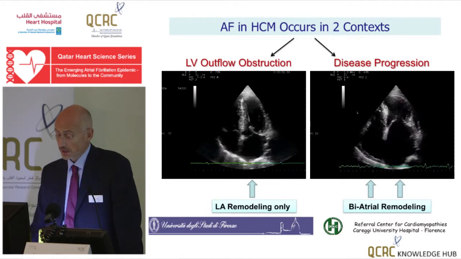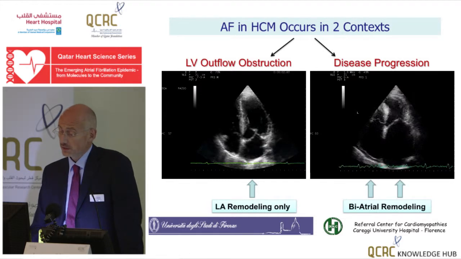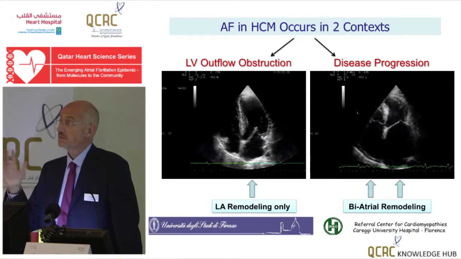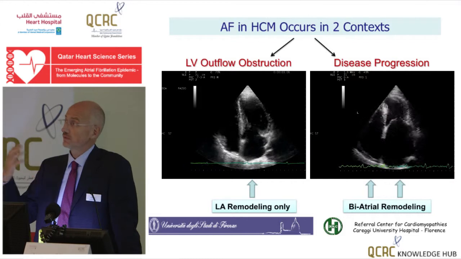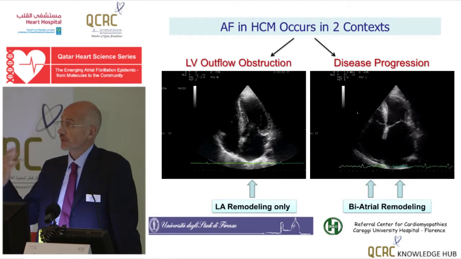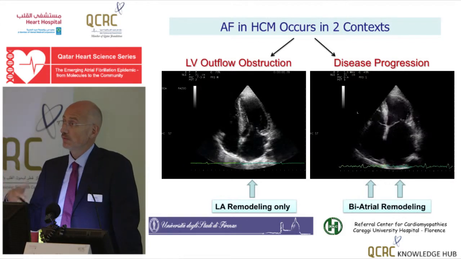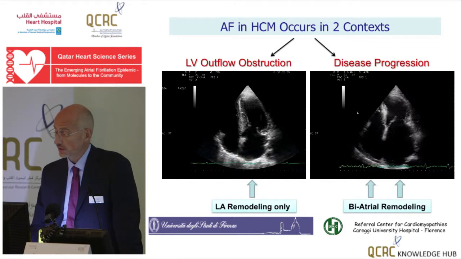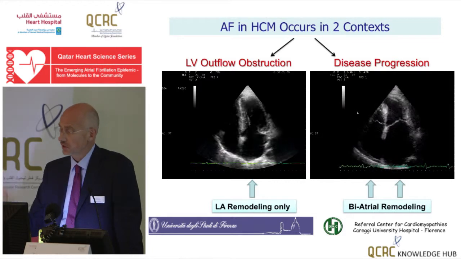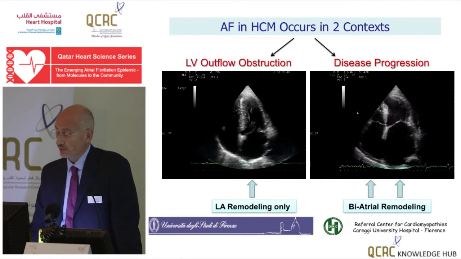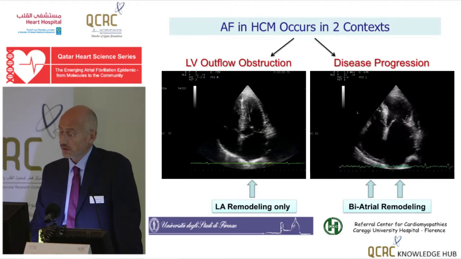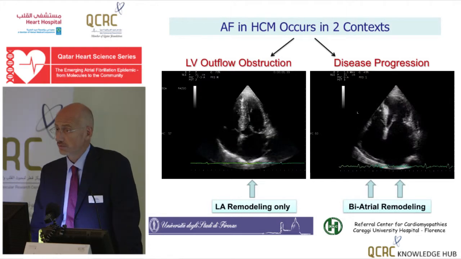This is usually only the left atrium dilating, whereas later on in the disease, some patients, not all fortunately, just sort of 15 to 20% tend to progress, and only 5% will eventually go into the end stage, as you see here, which is mostly a restrictive stage with huge biatrial dilation. And these are the two contexts in which atrial fibrillation tends to occur more frequently.